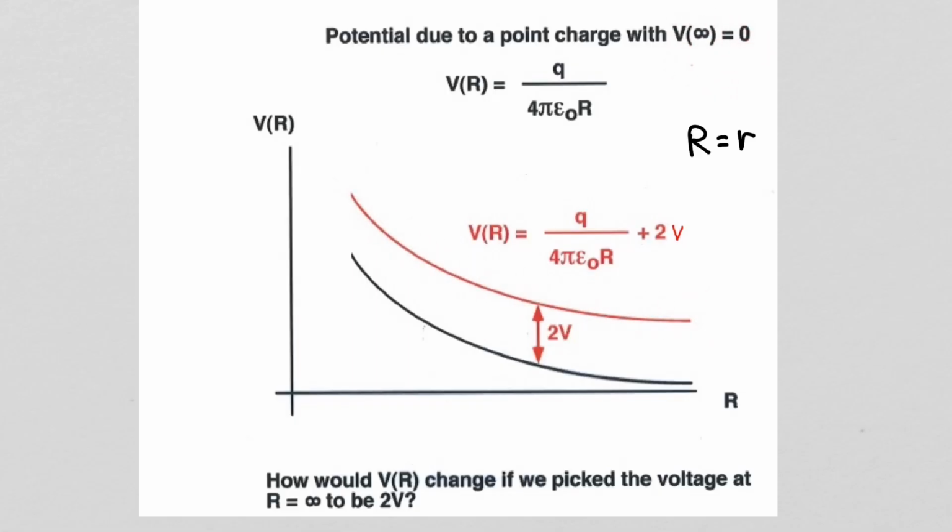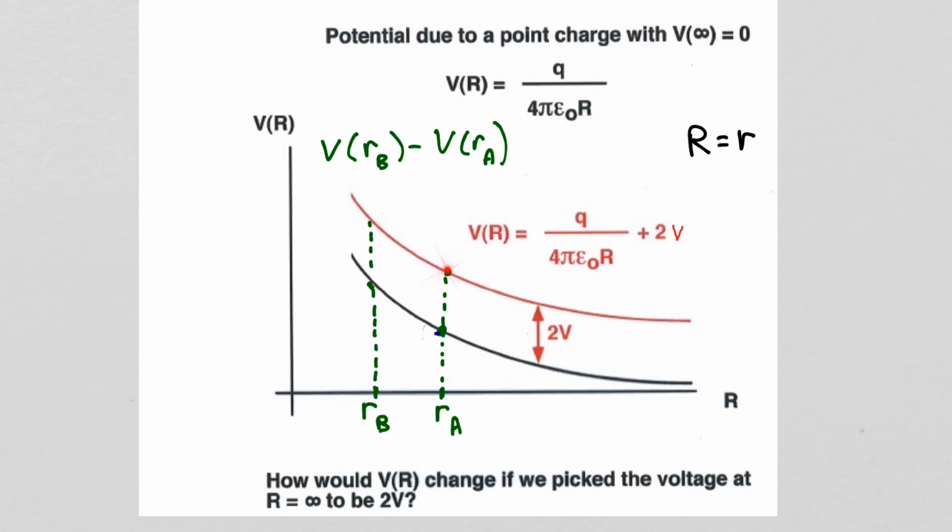This uppercase R here should be lowercase r, our radial component in spherical coordinates. What happens by choosing V at infinity as 2 volts instead of 0 is just a shift of the total potential curve as a function of position. If you compute V_RB minus V_RA for either curve, this potential minus this potential, or this potential minus this potential, you would get the same result.